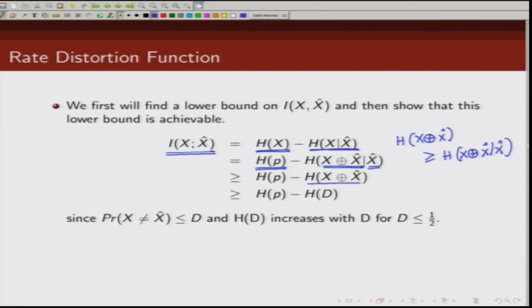So we are subtracting a larger quantity, and that is why the mutual information between x and x hat is greater than or equal to h of p minus h of x XOR x hat. And x XOR x hat is basically when there is an error, and this probability of error is upper bounded by d. So I can write this as greater than or equal to h of p minus h of d.